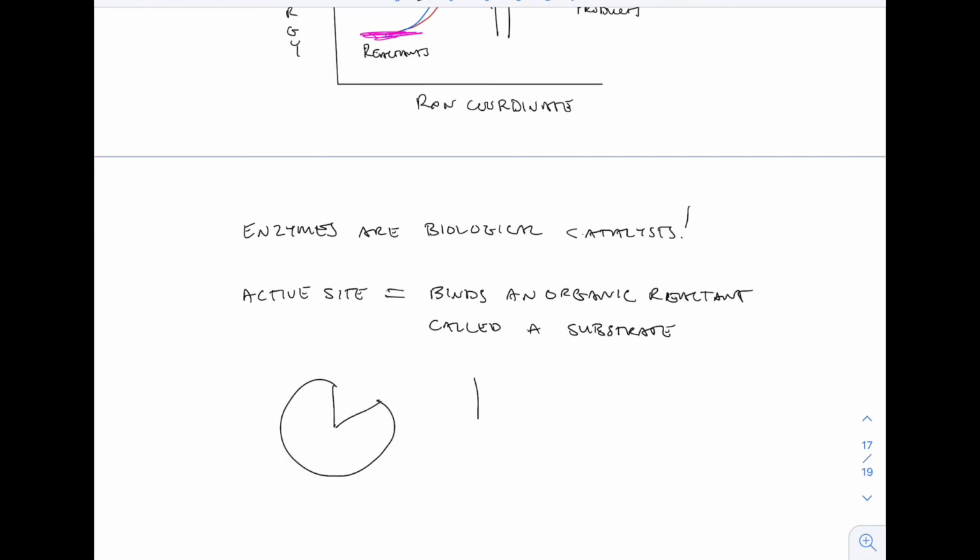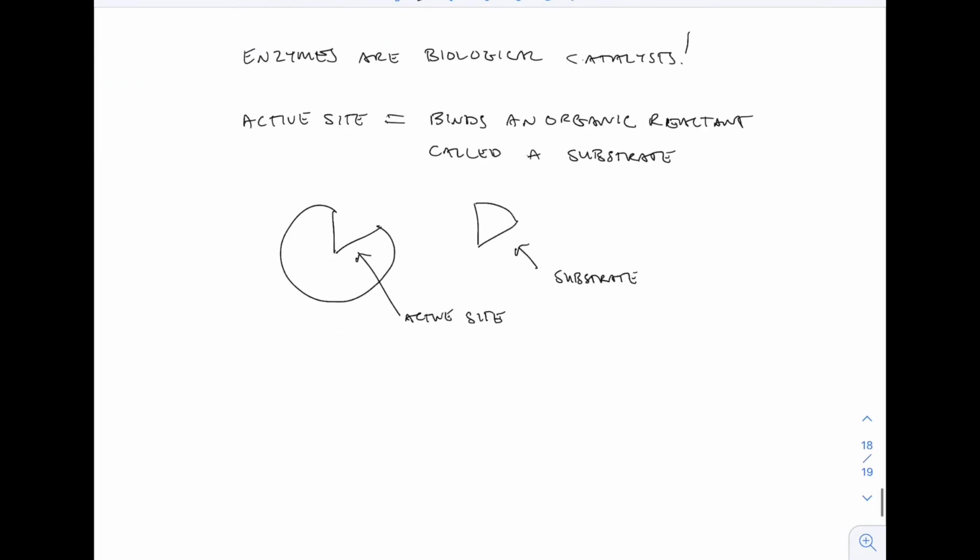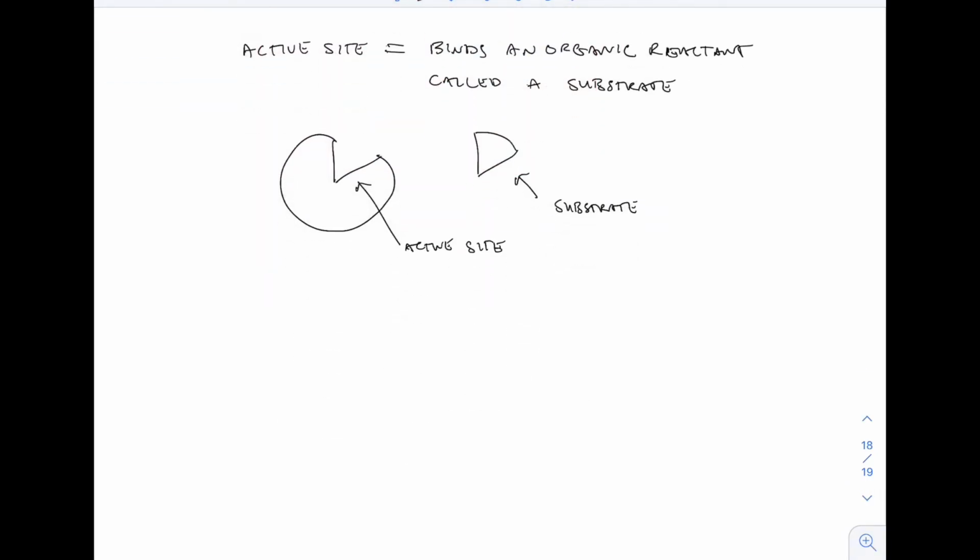So for example, you may or may not have seen this, it's a typical active site and substrate to represent a biological enzyme, and so basically the substrate can only fit in an active site that is that shape. So that's pretty much how our body works, very simplistically.